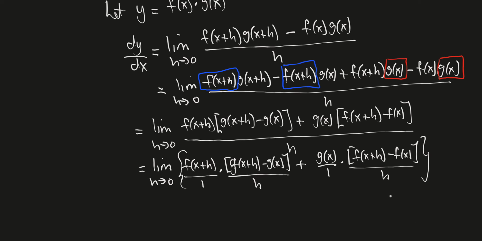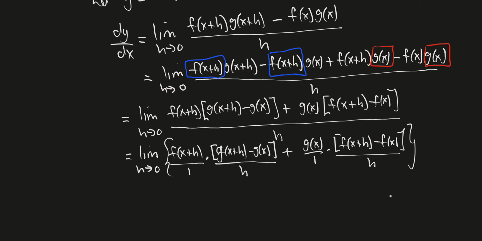Well, now I get to use my limit properties. So there are four ways I can sort of split this up, because here I have a product, and I know that both of these limits exist. One, because we know that g is differentiable. That was a part of our hypothesis. And I know that because f is differentiable, I know that the f function has to be continuous.